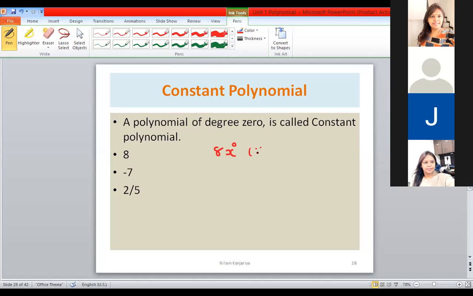And we know x raised to 0 is always 1. For that we can say the polynomial is 8 into 1, that is 8. So this 8 is a constant polynomial. Why? Its highest degree is 0, then you can say the polynomial is a constant.